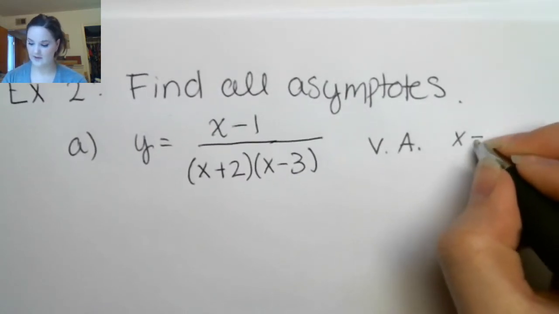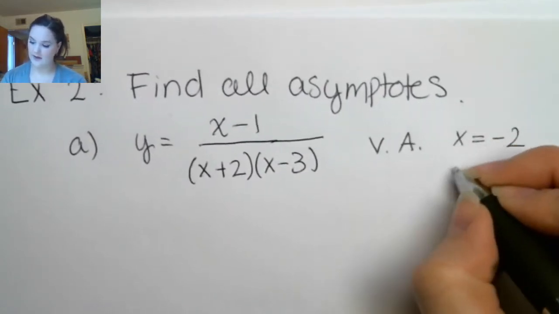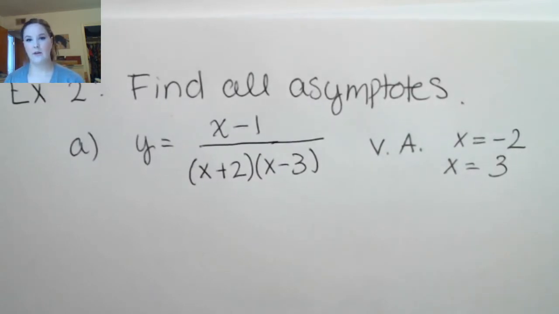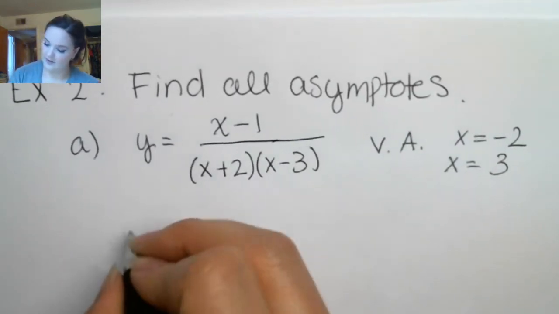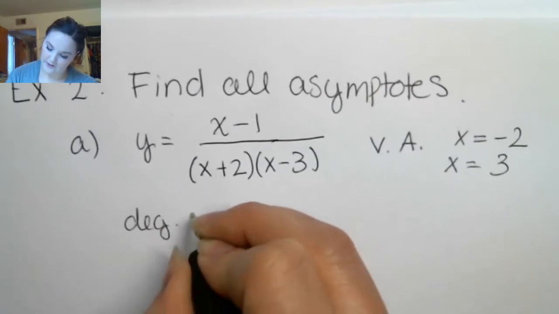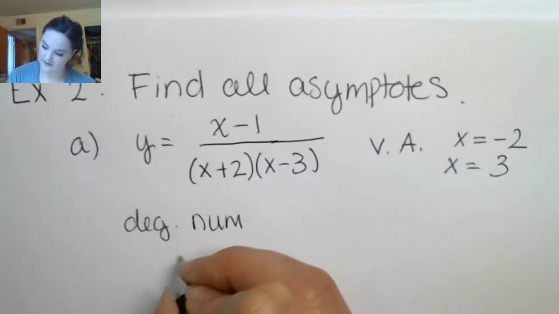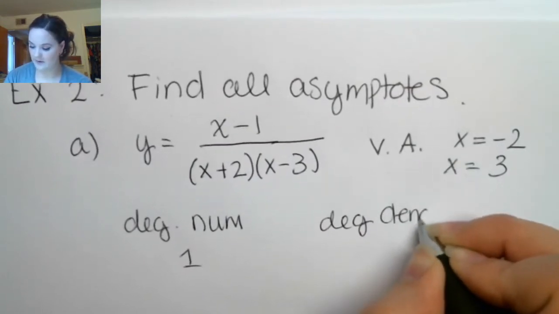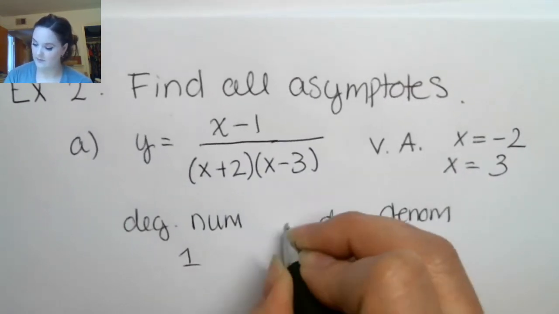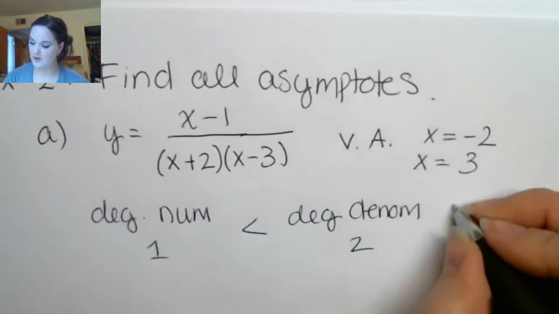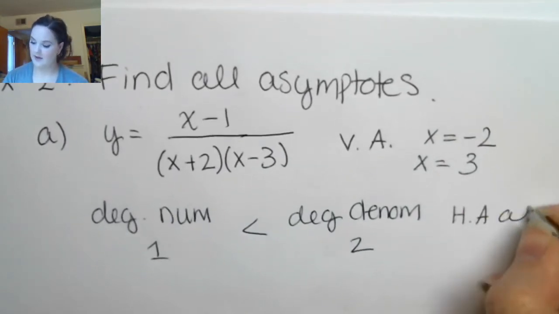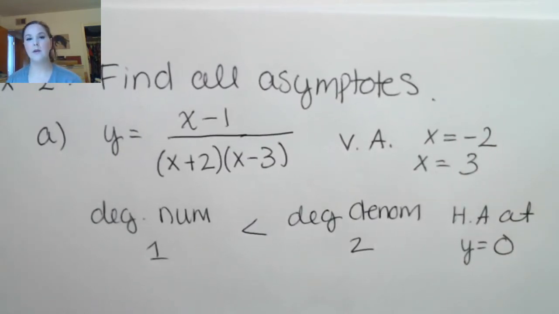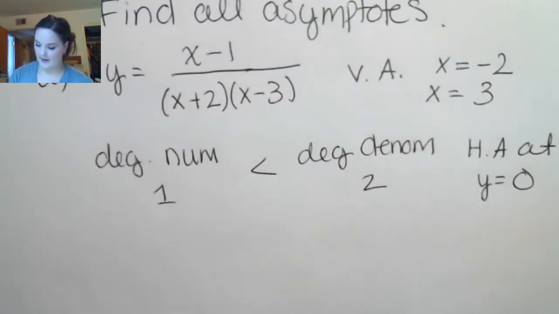So we would have x equals -2 and x equals +3. This doesn't actually have a slant asymptote because the degree of the numerator is 1 and the degree of the denominator is 2, which is bigger. So we have a horizontal asymptote at y equals 0.